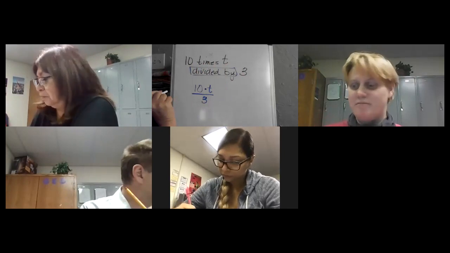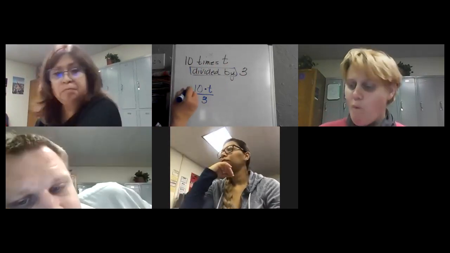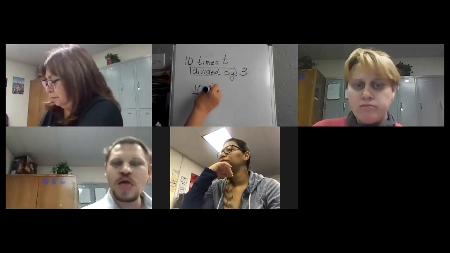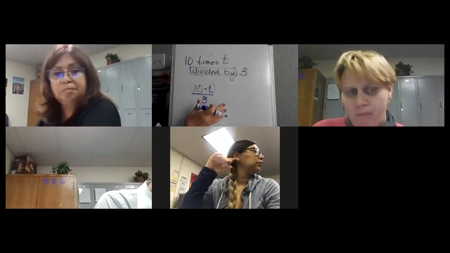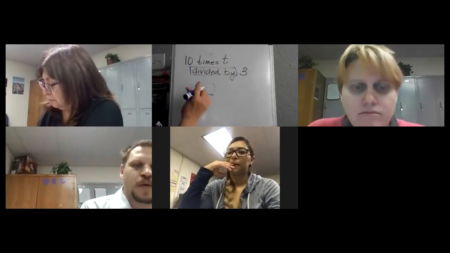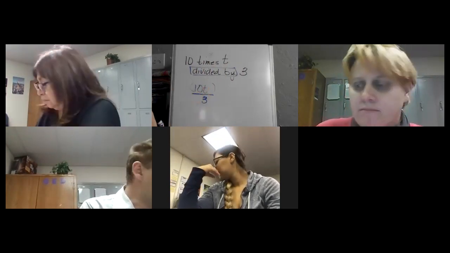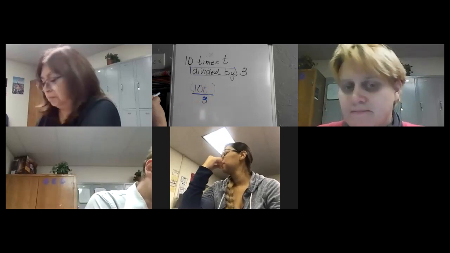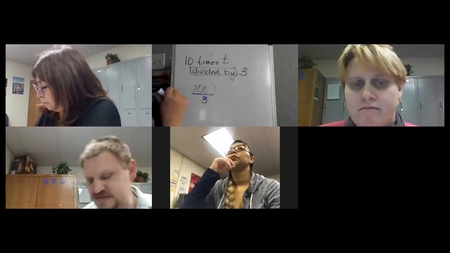So in this case, if you were using this in an equation and trying to solve it, it would be a 10 times t up here, or you can write it crammed together because that also means times. It means times when two things are crammed together. 10t. All right?